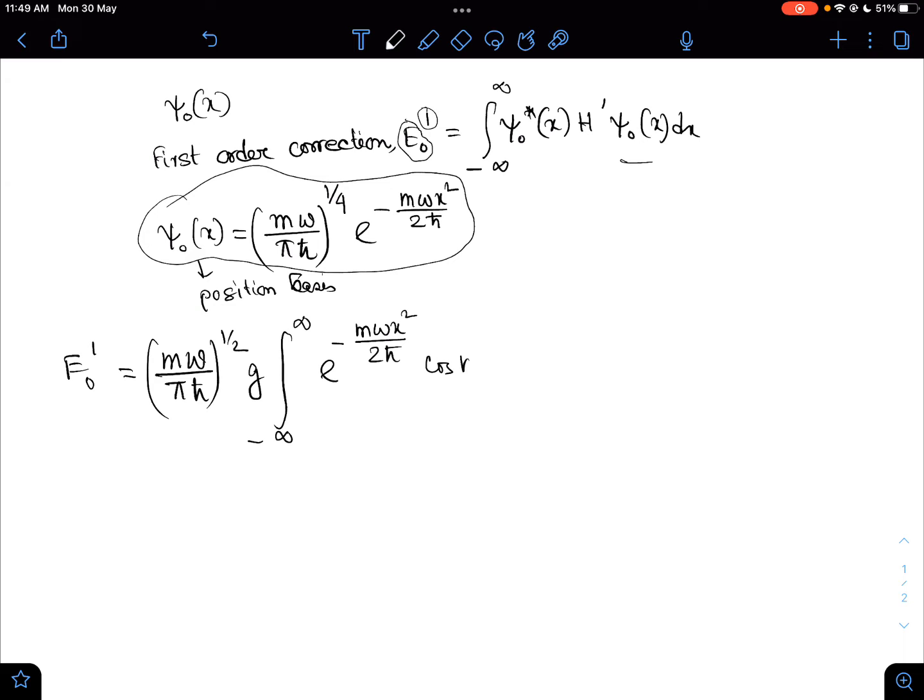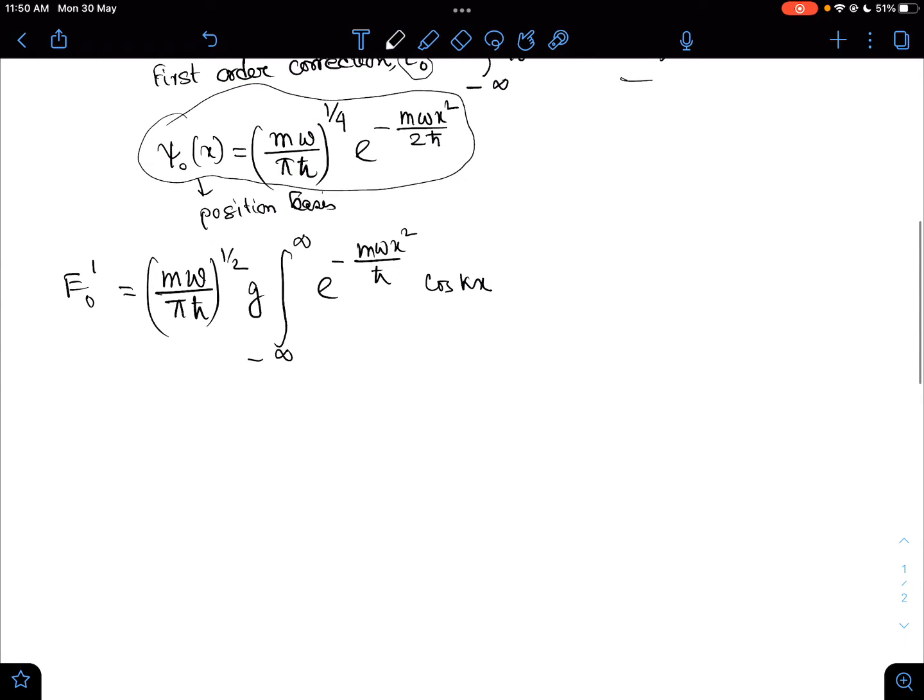Here we have cos kx, and here we have again e to the power minus m omega x squared by 2 h cut. We can multiply these two and write this as e to the power minus m omega x squared by h cut. So this integration we have to find out.